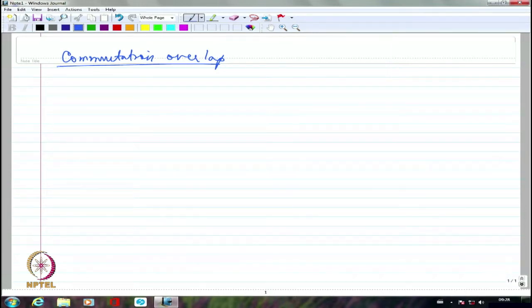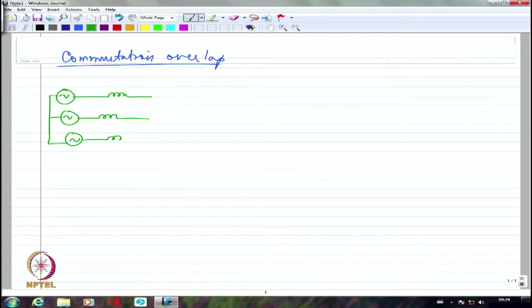So what we actually drew was something like this. I have the three phase sources maybe coming up from the grid. Maybe I use a transformer to step it down, and the transformer's leakage reactance I am representing in the form of source inductances. I am neglecting the resistance because that doesn't play a vital role in making sure that the current continues.